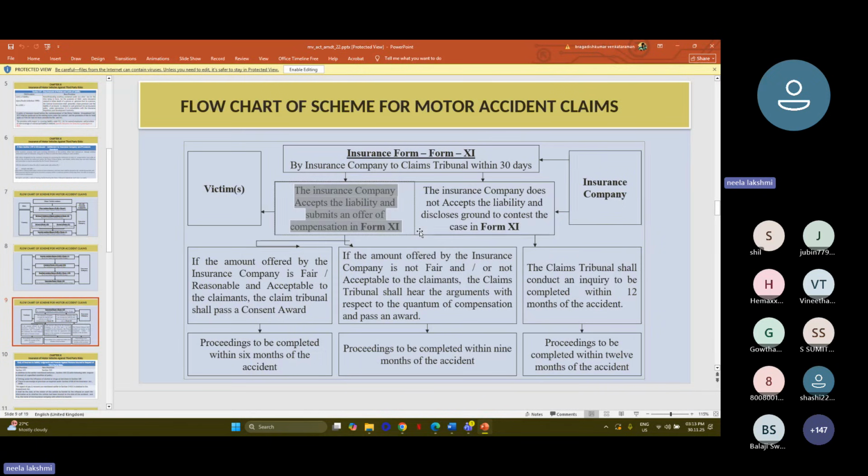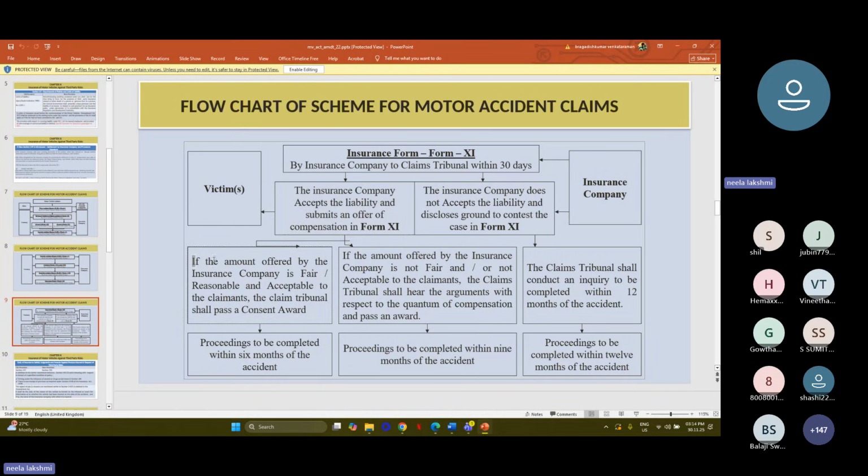In that situation, how would the company proceed? If the company is accepting its liability, again two different situations would occur.